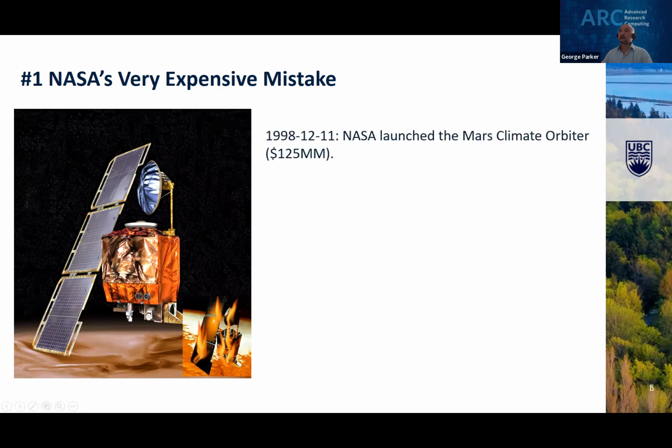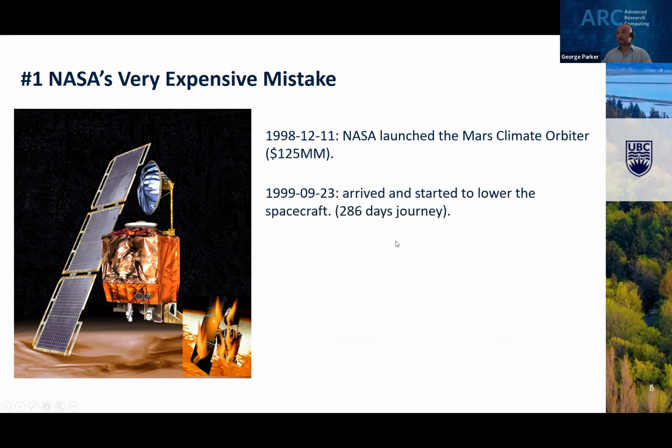In December 1998, NASA launched its Mars Climate Orbiter in order to study the Martian atmosphere and climate. This is the total cost of this project, $125 million US.